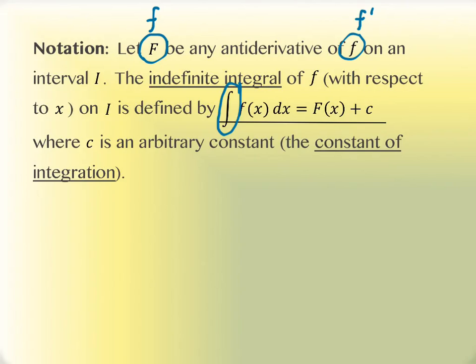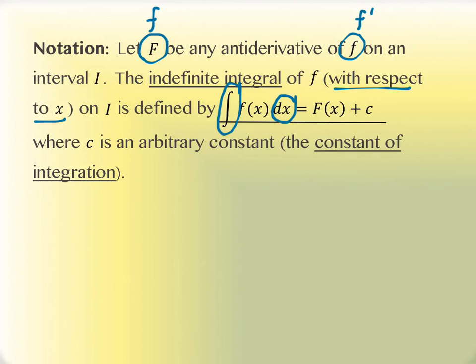Our integral notation looks like this symbol. And every time you see that symbol, you're going to see it associated with a d something at the end. That d something at the end identifies what the variable is. And that's why this right here said with respect to x. That's what that dx in the end means. It means that no matter what's going on in the problem, they're identifying for you what the variable looks like. The variable in this problem is an x.